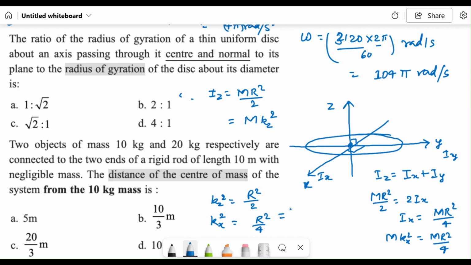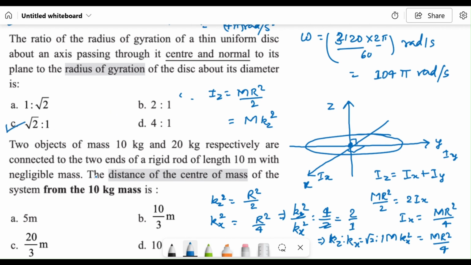Now we can find the ratio. kz square by kx square will be r square by 2 divided by r square by 4, which is 4 by 2 ultimately. You try it by yourself, and then we will get kz is to kx as root 2 is to 1, because this is going to be 2 by 1. So here we have the answer.